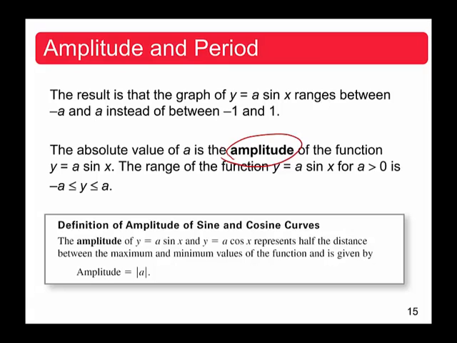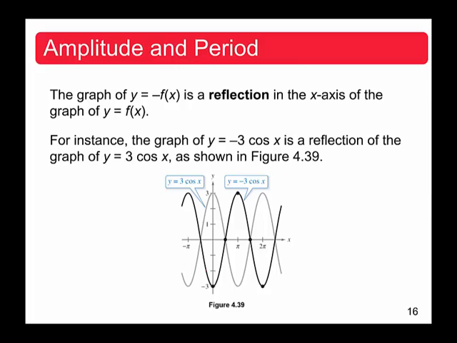So for both y equal to a sine x and a cosine x, amplitude is the absolute value of the coefficient in front of the function, sine x or cosine x. So amplitude equals the absolute value of a. Amplitude could be maximum or minimum, right? If it is positive, then it's maximum. If it is negative, then it's minimum.